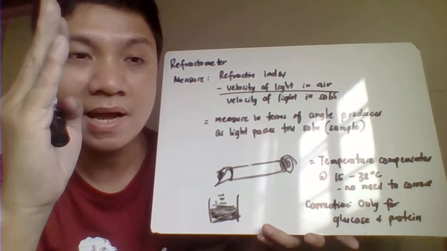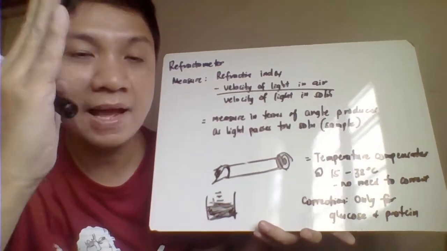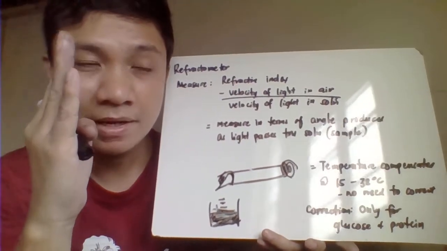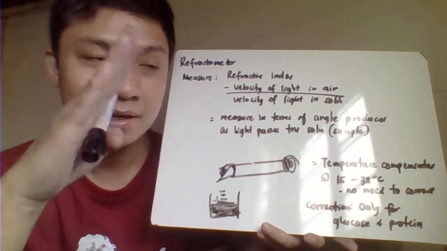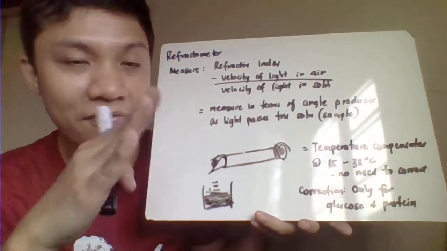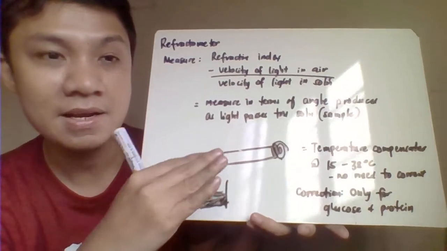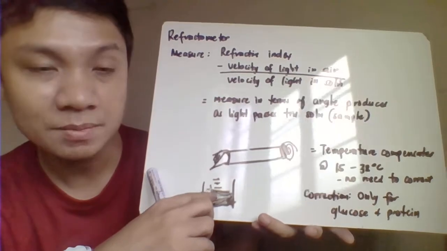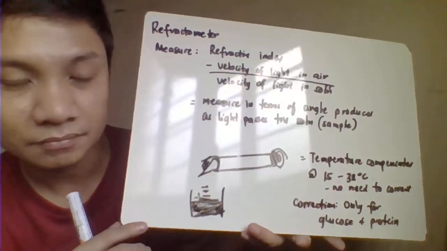So, pag nag-strike ang light natin, hindi siya nag-deflect, so hindi siya nag-perform ng angle. On the other hand, pag madami kang dissolved na solute, pag nag-strike ang light, ganyan, ide-deflect ang ating angle ng ating light here, and that will correspond to a higher specific gravity reading natin.